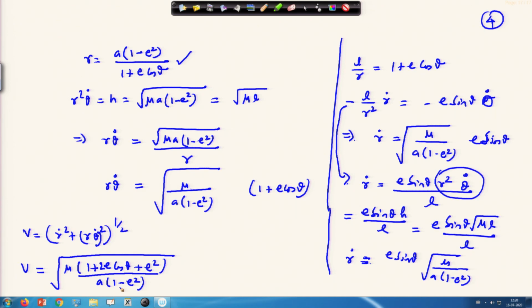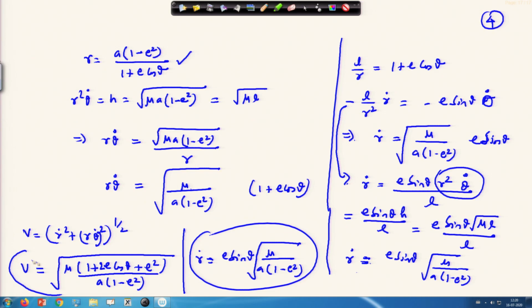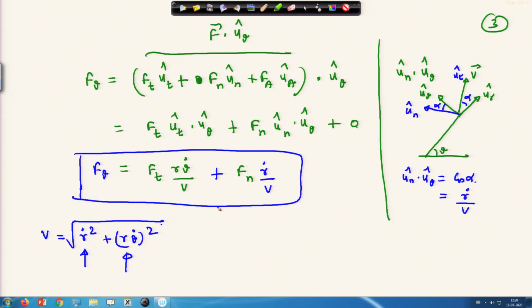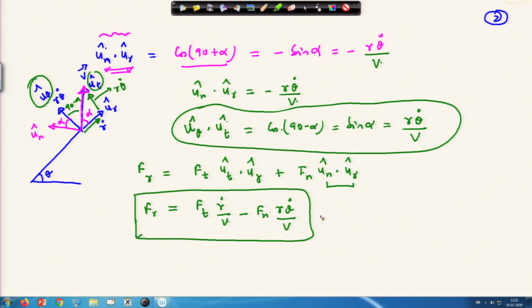And r dot we already have here: r dot equal to e sin theta mu by a times 1 minus e square under root. So, we utilize these two expressions in the equation we have written here for f theta and f r.